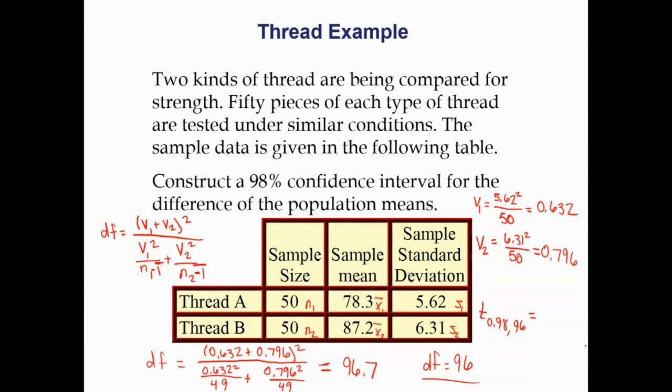So if I use 100 degrees of freedom for a 98% confidence interval, what would I get for my test statistic? What would it be? 2 point.